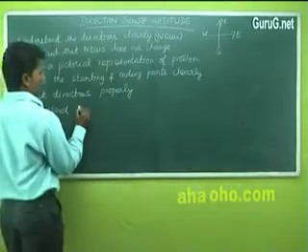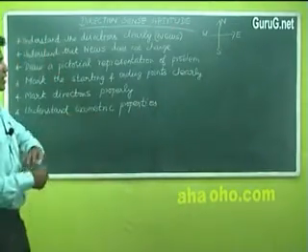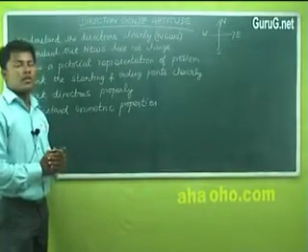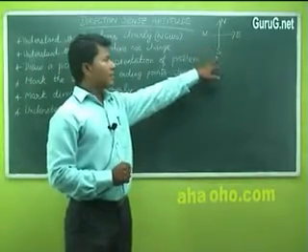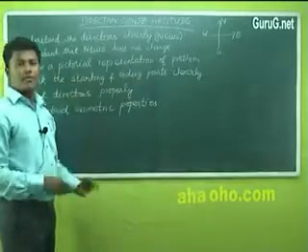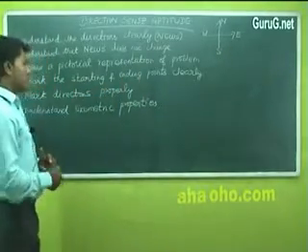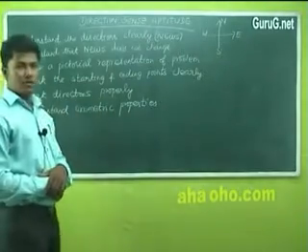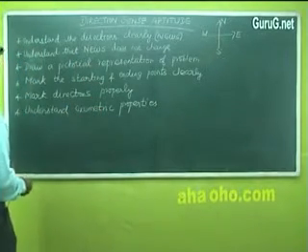Get to know some geometric properties. So these are some important reminders that you should keep in your mind while solving a direction sense question. The first thing, understand the directions properly. These directions do not change. Given the problem statement, convert it into a pictorial representation. Mark the starting and ending points clearly. Mark the directions properly, and understand the geometric properties. I'll tell you why these steps are important by solving our first problem.